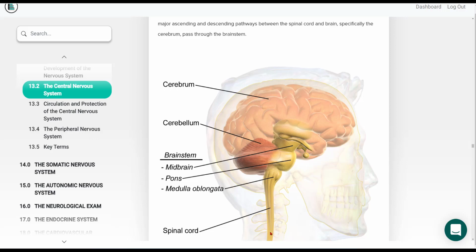Anything that is poking through the foramen magnum that is now down and protected by the vertebral foramina, we're going to identify as spinal cord. So let the foramen magnum be the border between the brainstem and the medulla oblongata and the spinal cord.